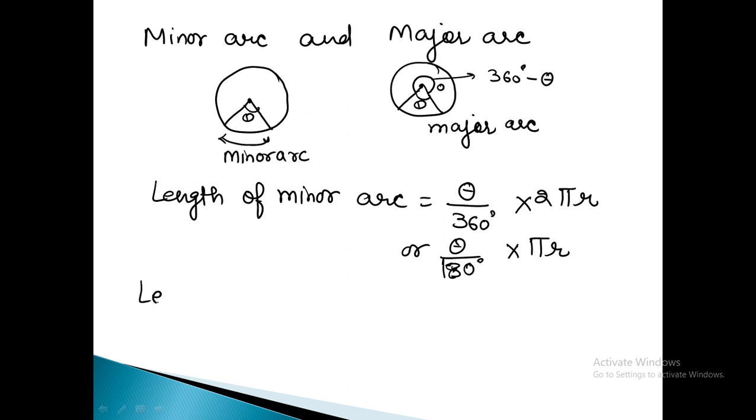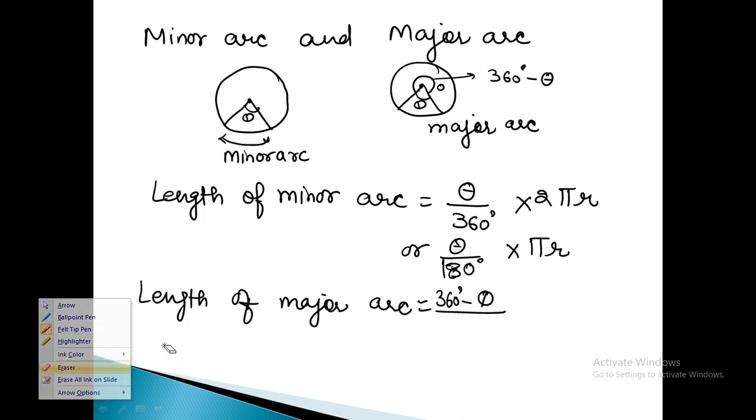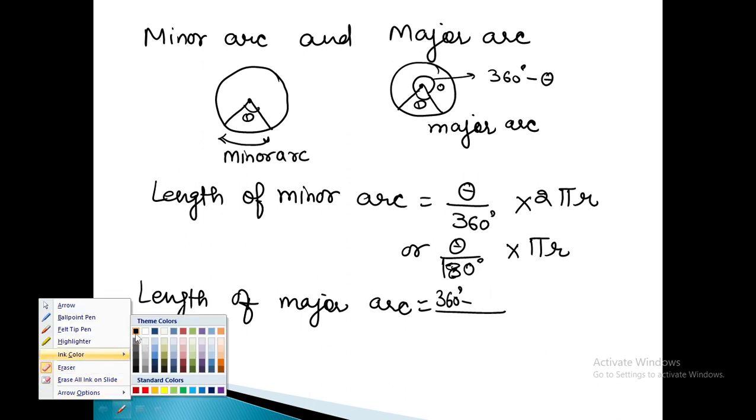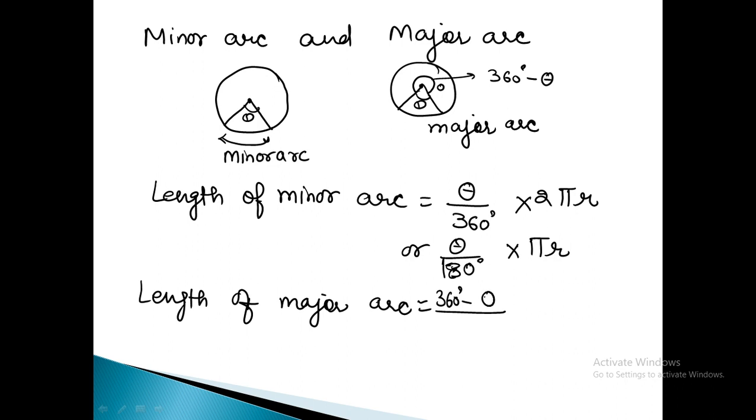And if you want to find the length of the major arc, you can use this formula: 360 degree minus theta over 360 multiplied by 2 pi r.